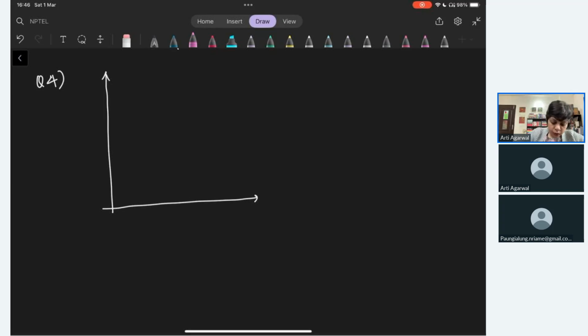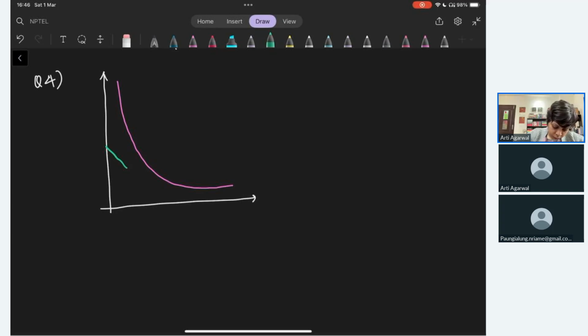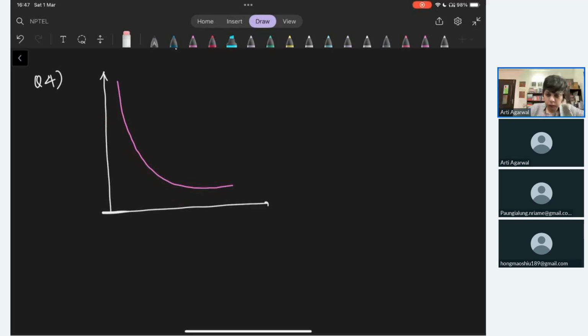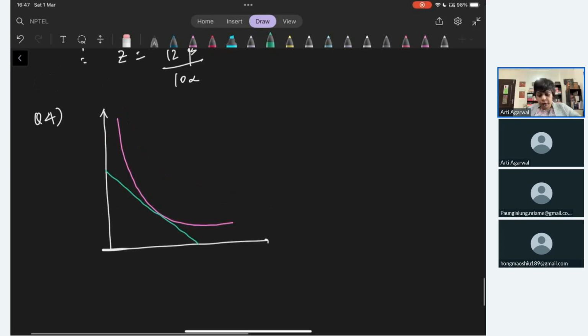Suppose this is your indifference curve, and say this as your budget constraint. So we have something like this as the indifference curve and the budget constraint.